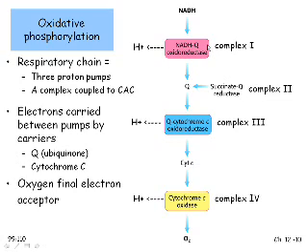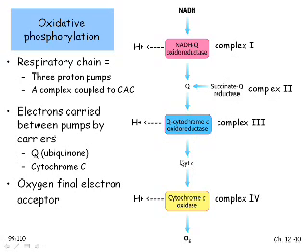The proton pumps are complex 1, complex 3, and complex 4, because complex 2 is succinate Q reductase. To connect the different proton pumps, we need electron carriers of some kind or another. And we have Q that carries electrons between complex 1 and complex 3. Q also carries electrons from complex 2 to complex 3.